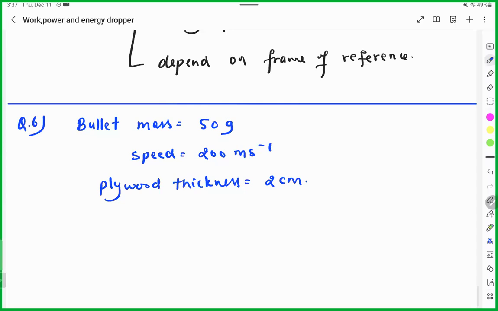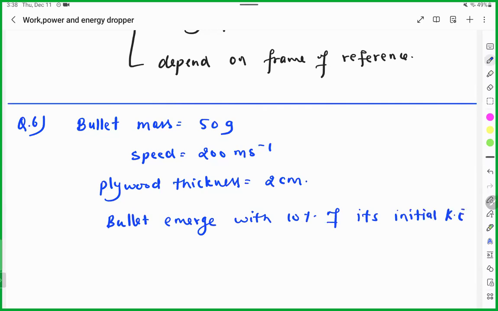The bullet emerges with only 10% of its initial kinetic energy. Calculate the emergent speed of the bullet.